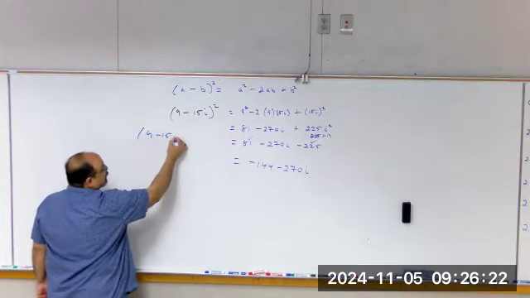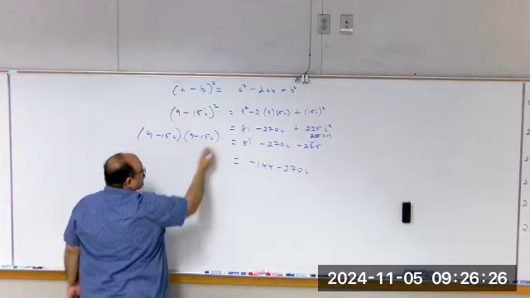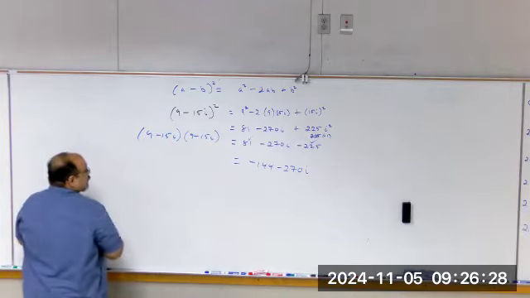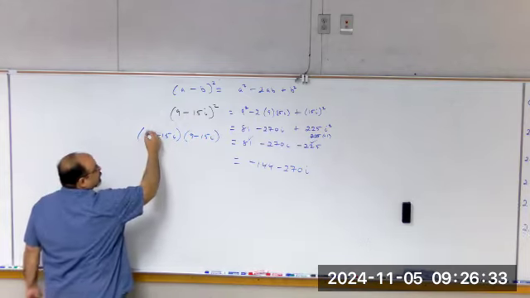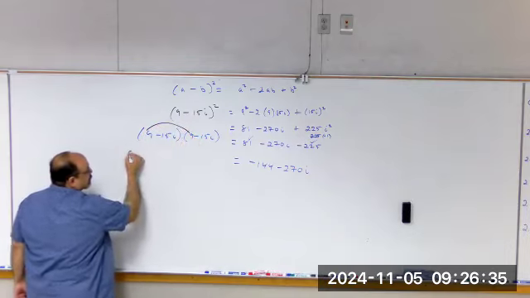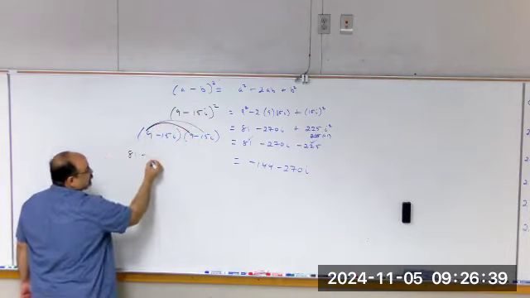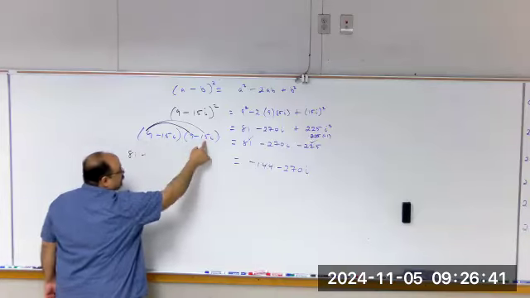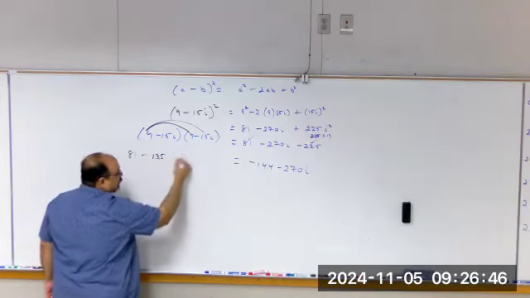9 minus 15i times 9 minus 15i. And distribute. 9 times 9, that's an 81. A positive times a negative, that's a negative. 9 times 15 is 135 times i.